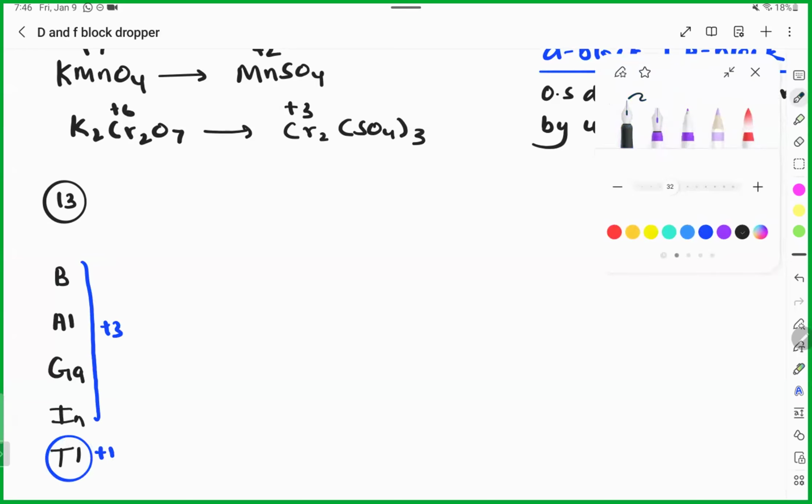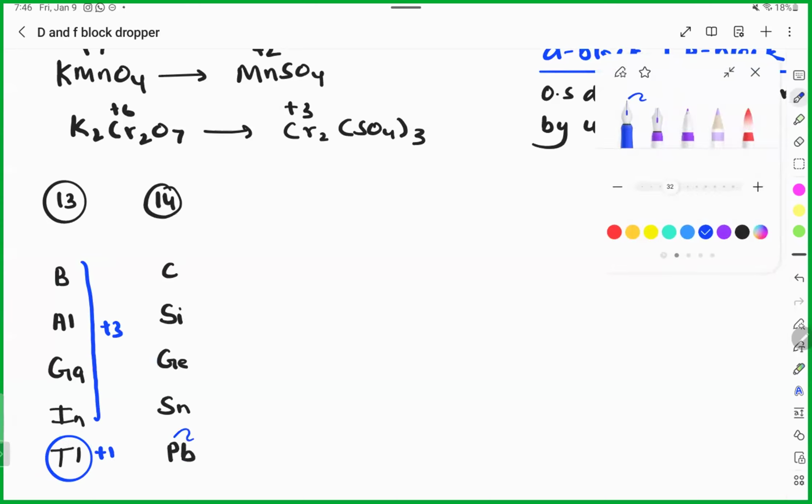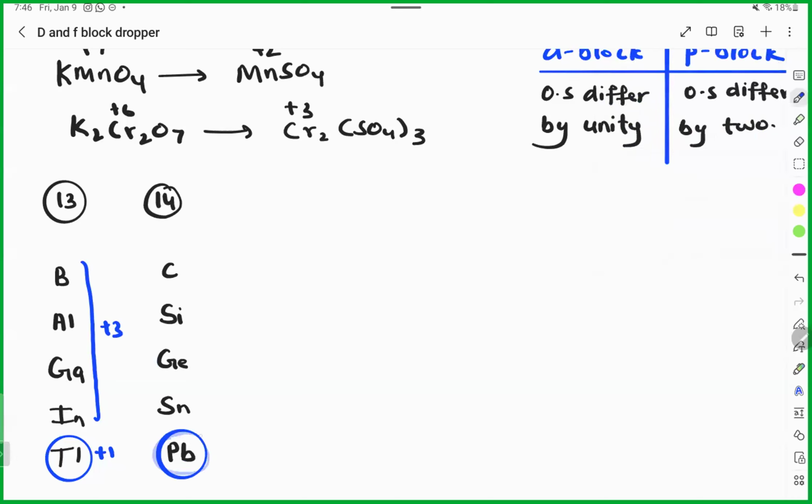If you see group 14, the higher elements show +4 oxidation state, but lead's common oxidation state is +2. Here +4 is common.